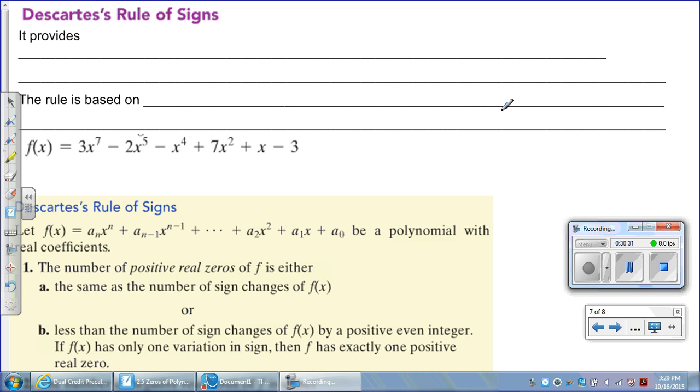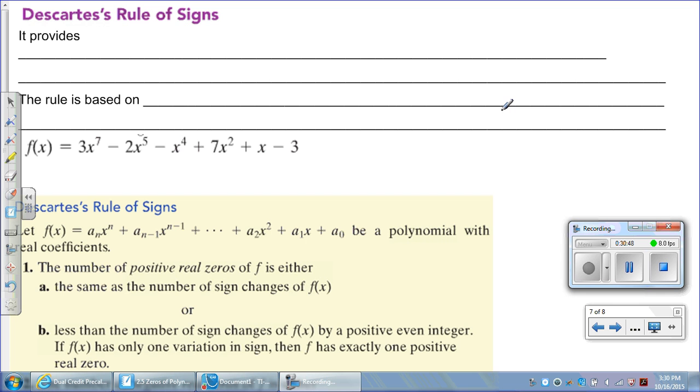So the next slide, we're gonna look at rule of signs, and this was created by a French mathematician. I am not sure about the pronunciation, but I will just refer to it as the Cardinal rule of signs.